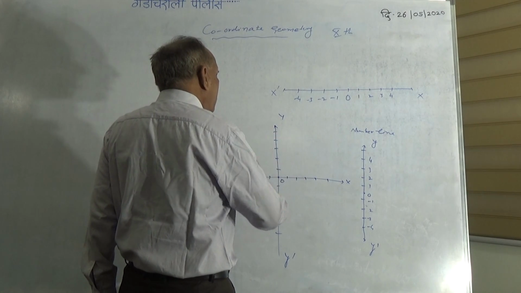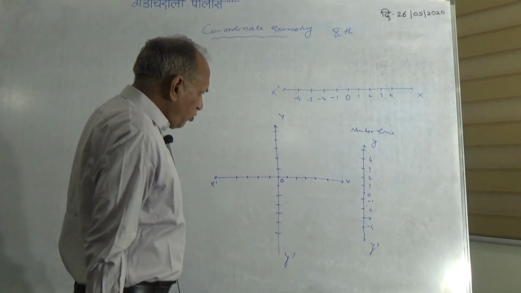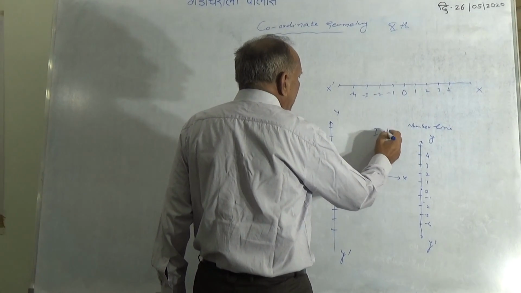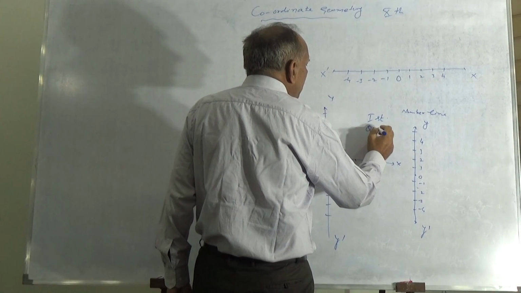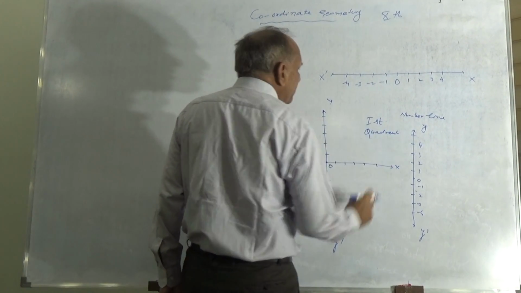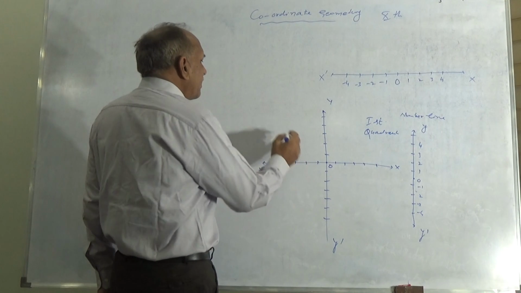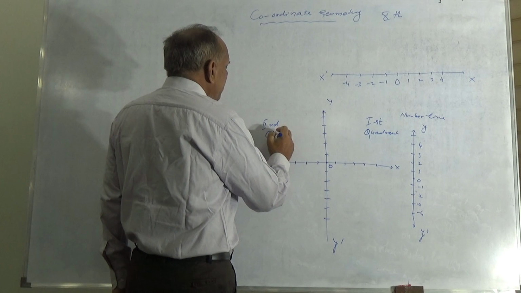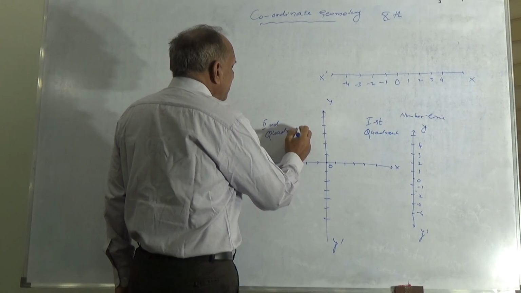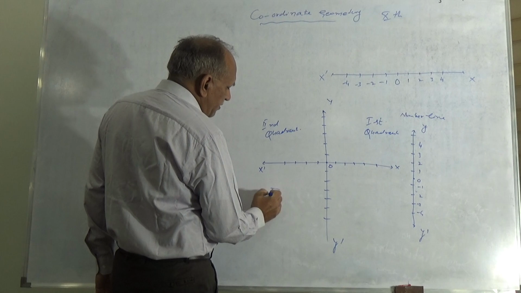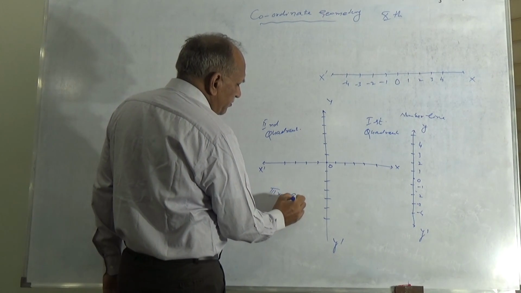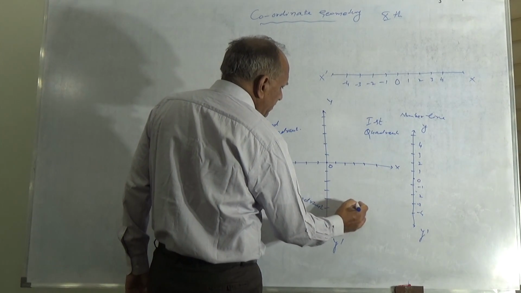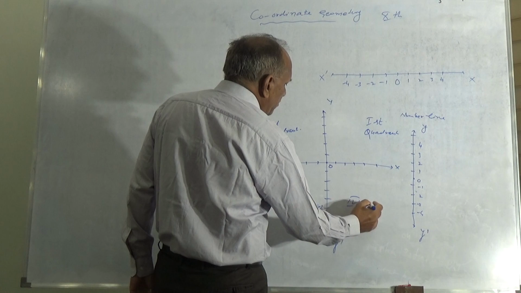Therefore, the whole plane is divided into 4 quadrants. This is called the first quadrant, this is the second quadrant, this is the third quadrant, and this is the fourth quadrant.